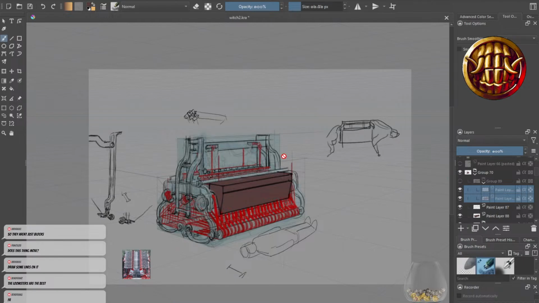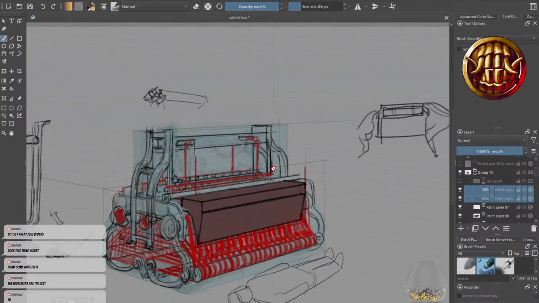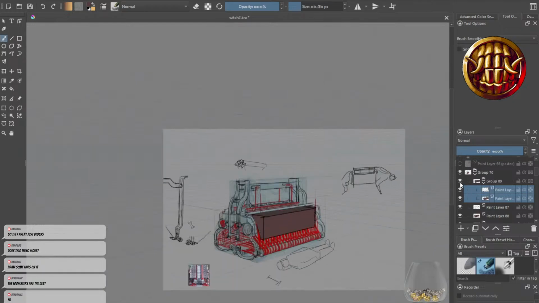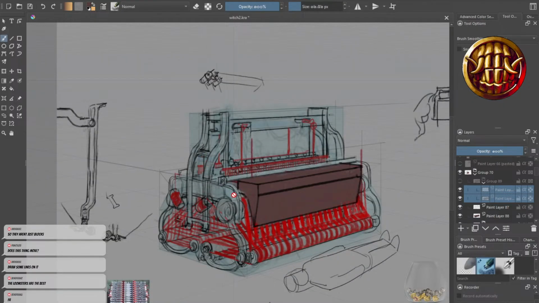Hmm. What are we thinking? I mean, it makes it more sleek. It's what I expected. It fits, because the main body shape is like a wide square, right? It widens out at the bottom.